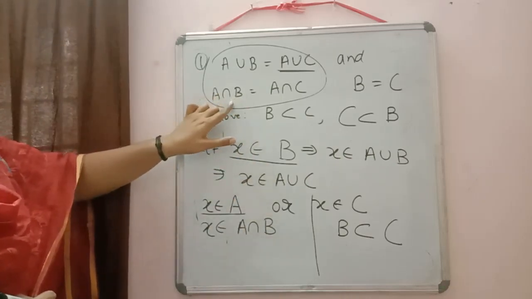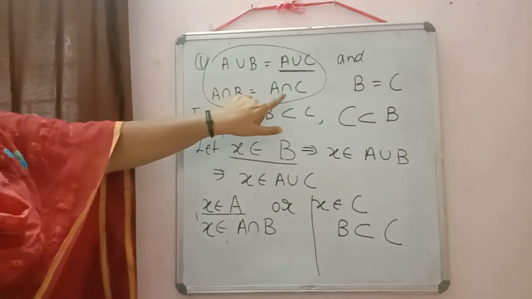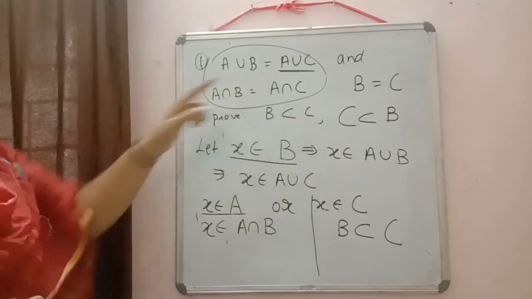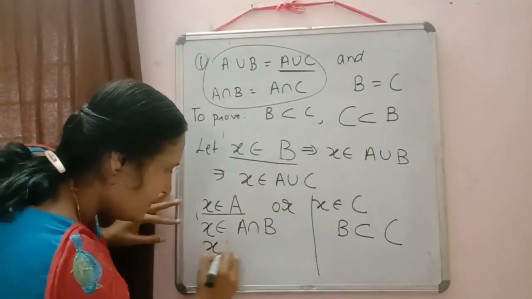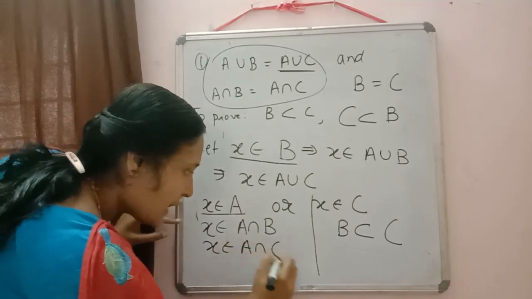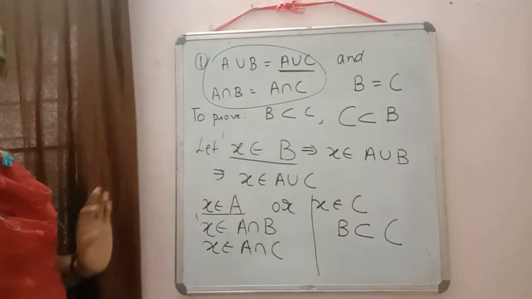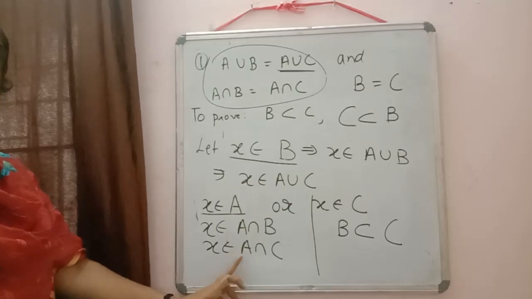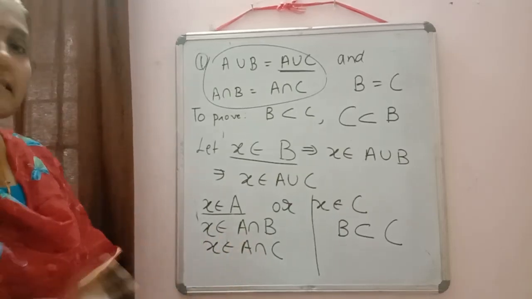Now use this information: A intersection B is equal to A intersection C. So from here we can write X belongs to A intersection C. X is there in A and X is there in C also.